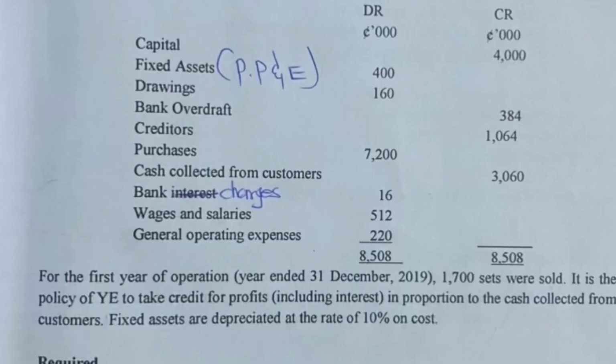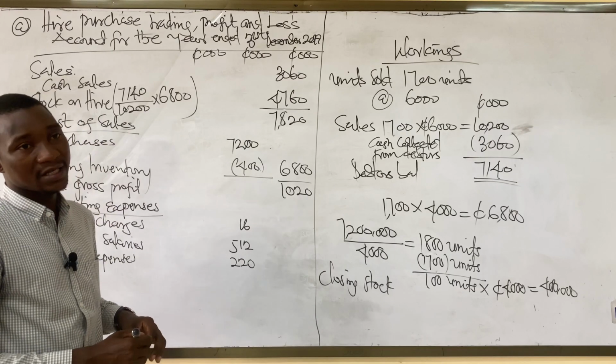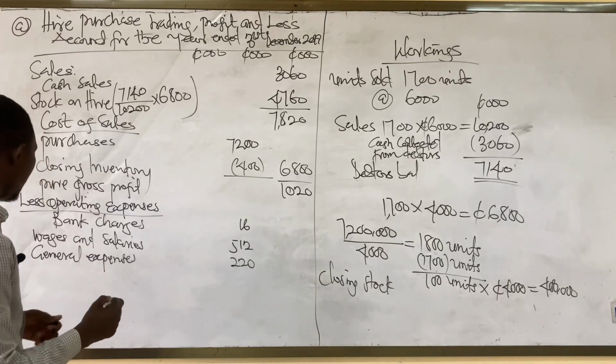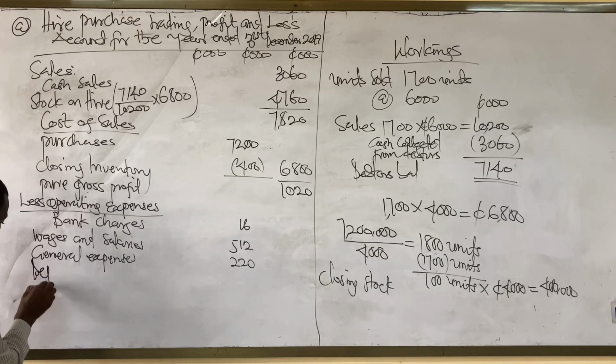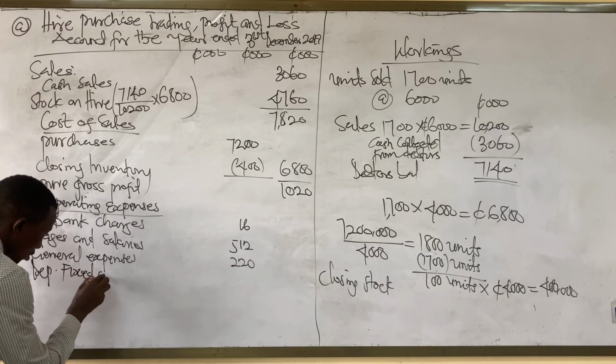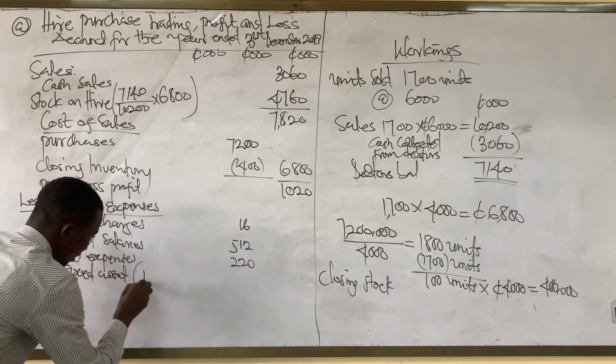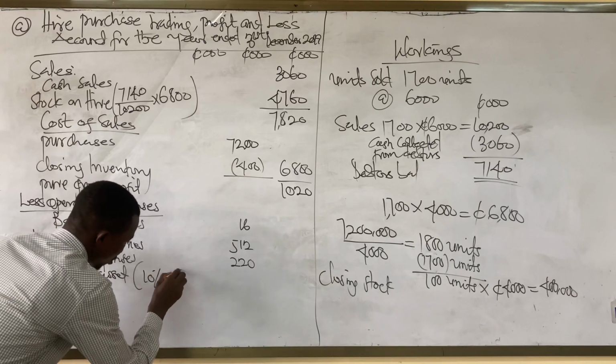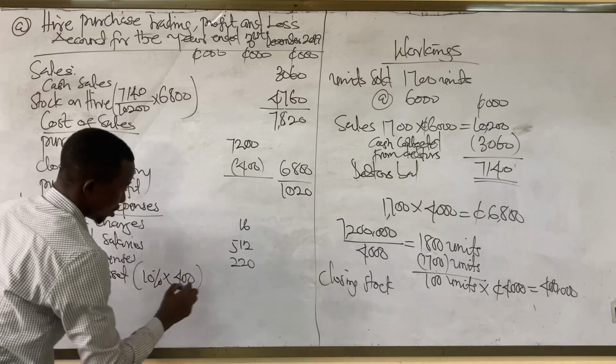And remember that from the question, fixed assets are depreciated at the rate of 10% on cost. So we depreciate fixed assets by 10%. So depreciation, that is fixed asset, that is 10% on the cost being 400.